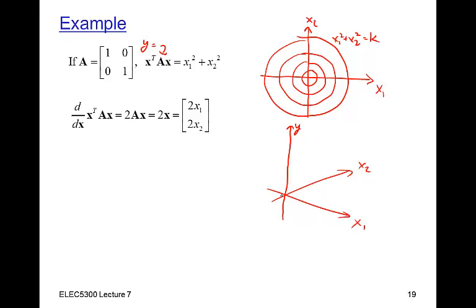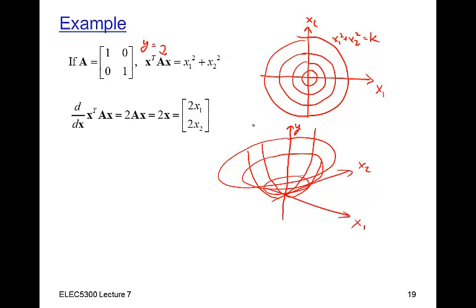Then I would get something that starts out here at the origin. It would go up quadratically in this direction. It would go up quadratically in the x1 direction as well. And then in this region here, all the level sets would be circles. So this is a parabolic bowl, and you can think if I put a ball here, the ball would roll down and end up here at the bottom of the bowl.